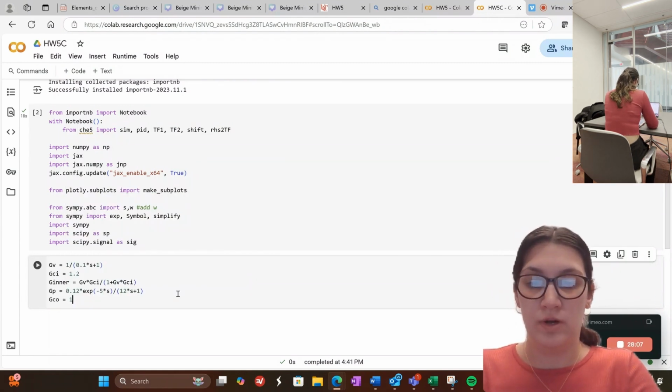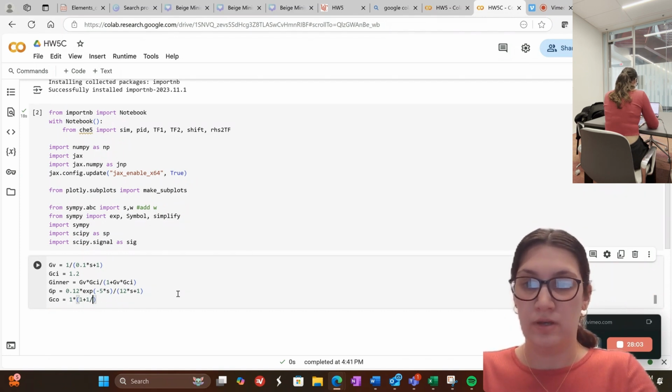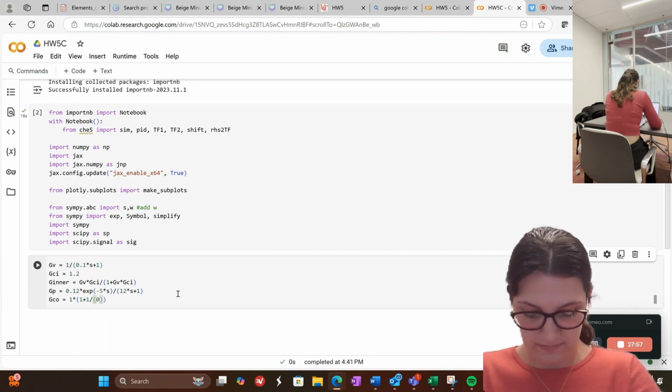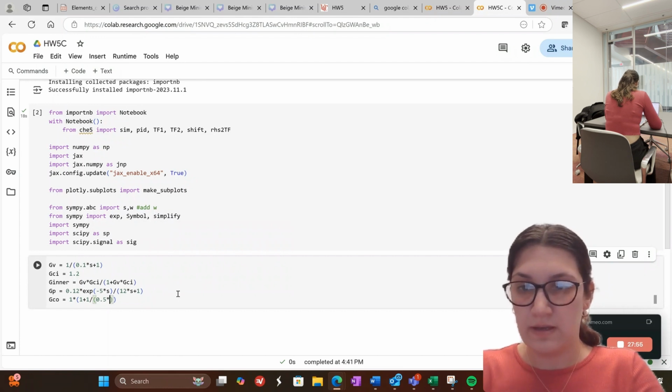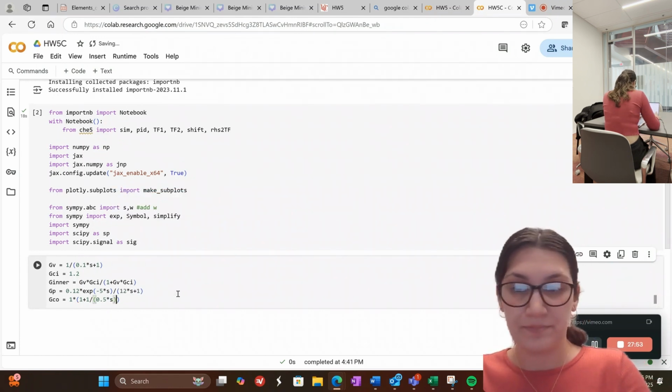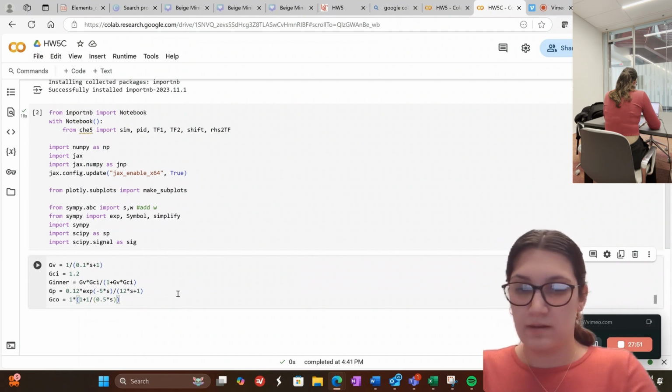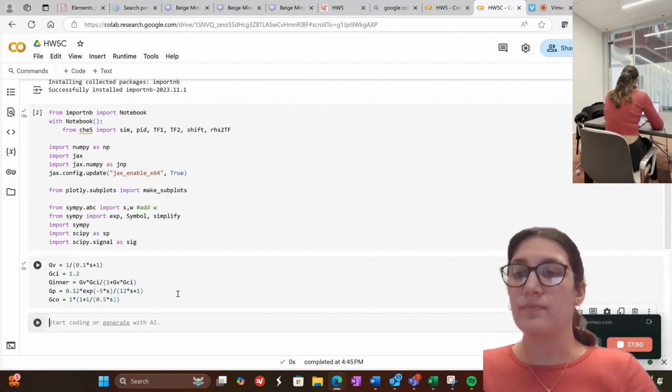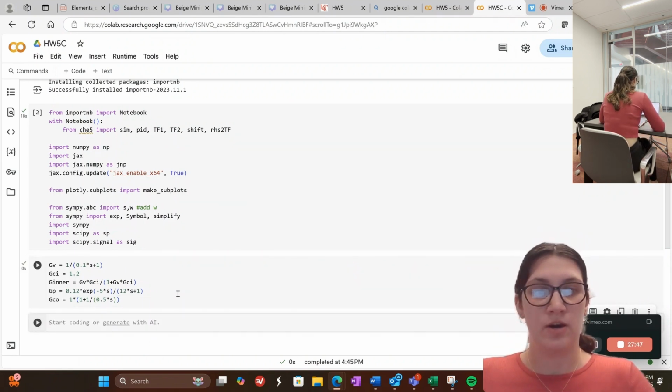So this is Kc times 1 plus 1 over our tau I, which is 0.5, so 0.5 times S. There we go.